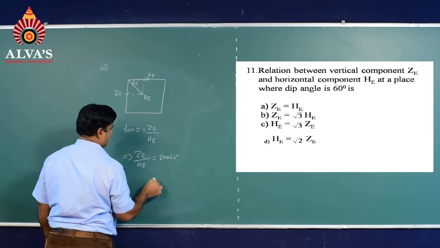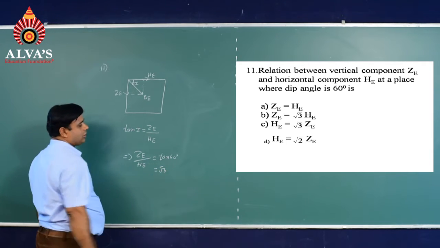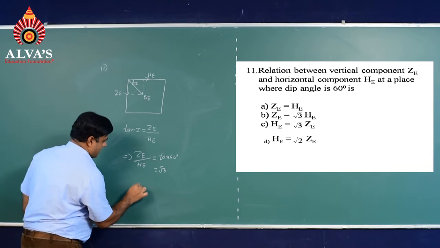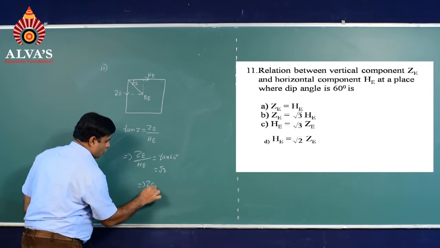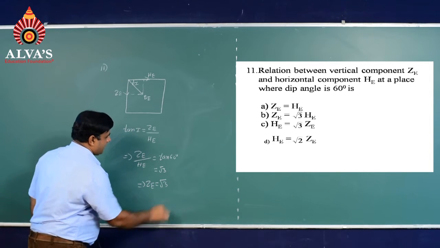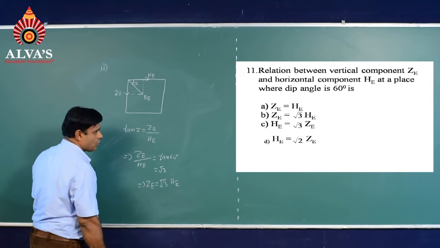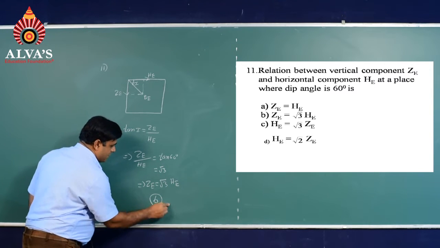Tan 60 degrees equals root 3, which implies ZE equals root 3 times HE. So, the answer should be ZE equals root 3 HE, option B.